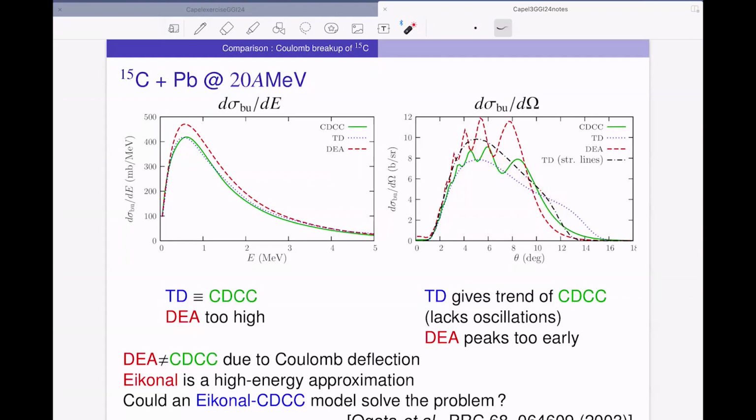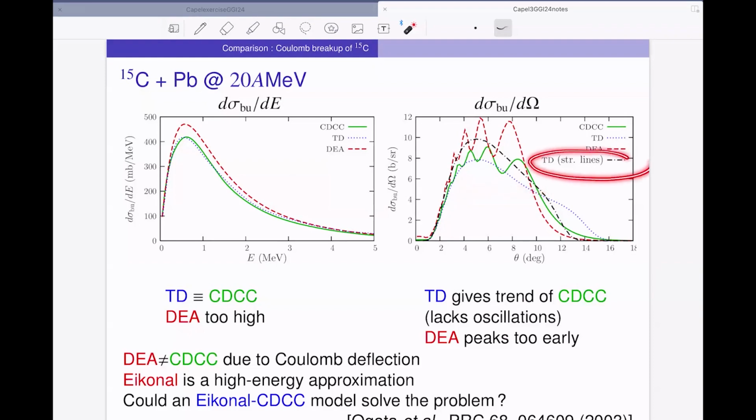So we asked, what's the problem? And the problem is due to the fact that you use a classical trajectory, a Coulomb trajectory, and so you include the Coulomb deflection, and that's why you go to larger angles.